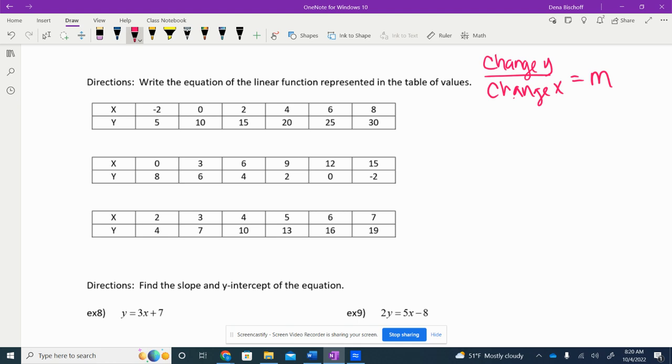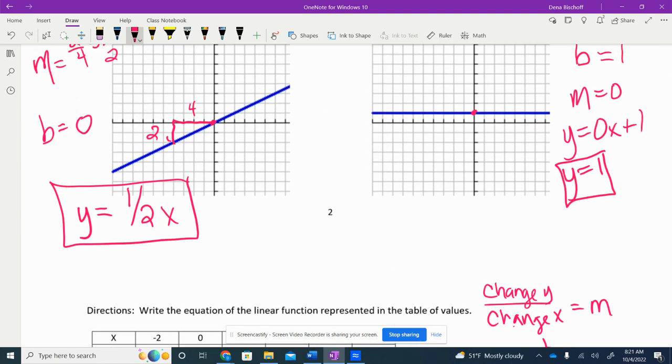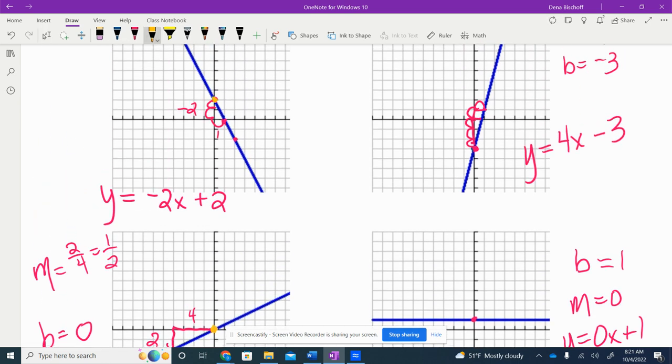The second thing is that the y-intercept happens when, like when I look at this point right here, what's the value of x when I cross the y-axis? When I cross the y-axis here, what's the value of x?